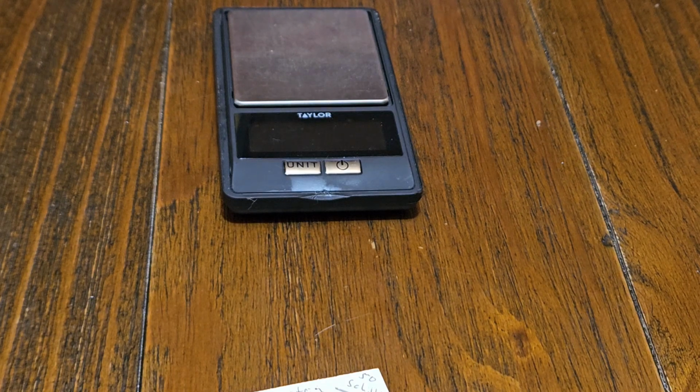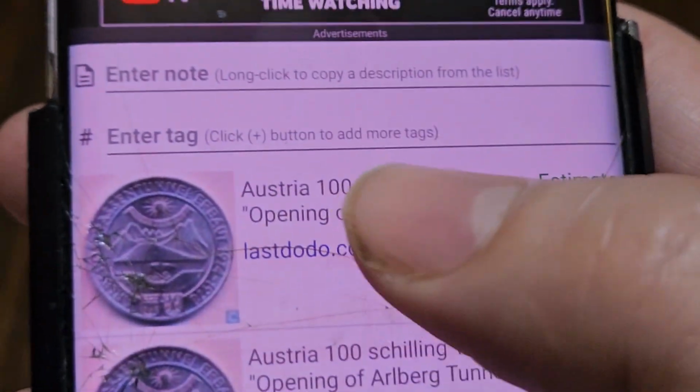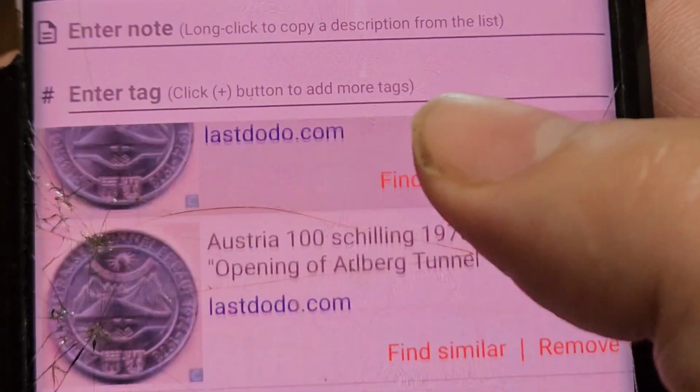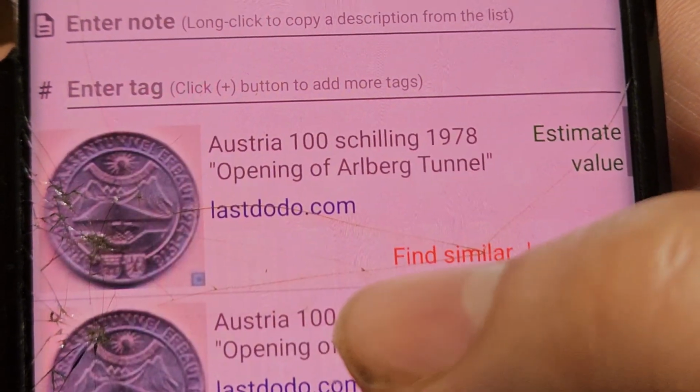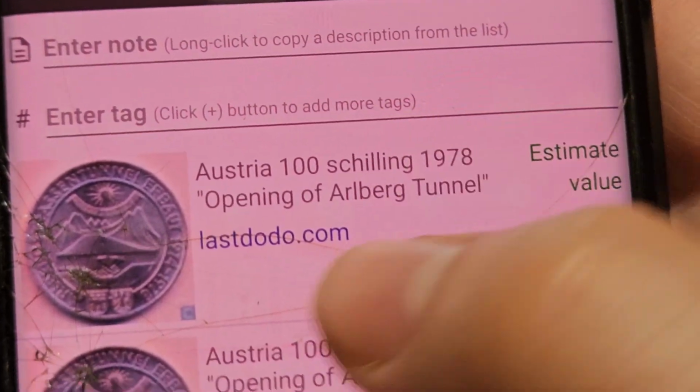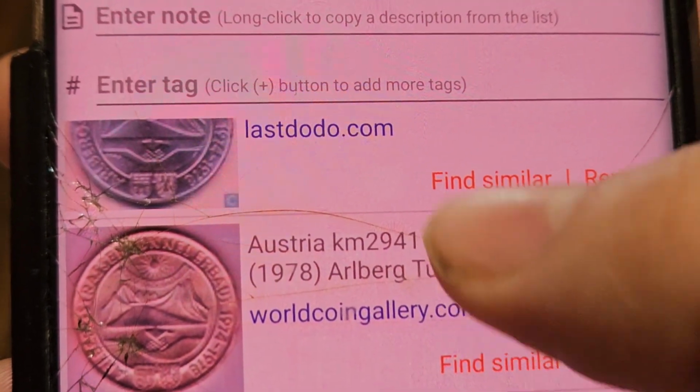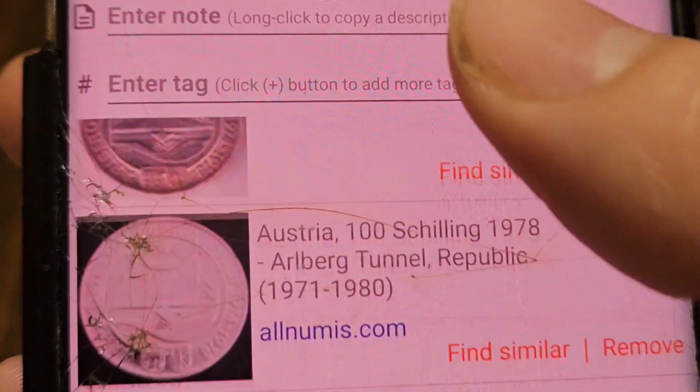I'm going to take a clearer picture here, guys, without the glare, and see if that helps. And it did, yes. Okay. So without the glare from the light, it came right to it. There's our coin. And we can look for a listing we like.